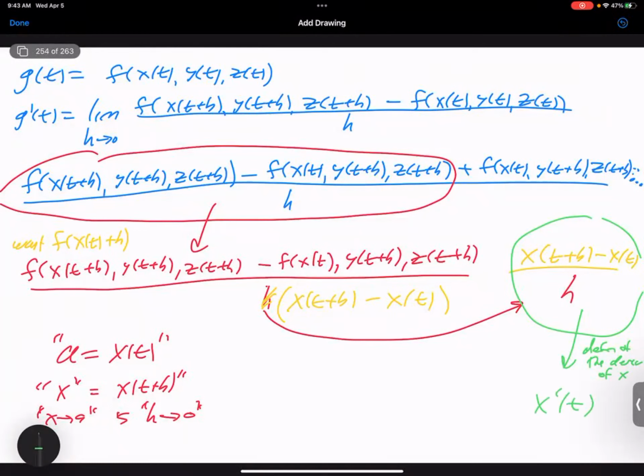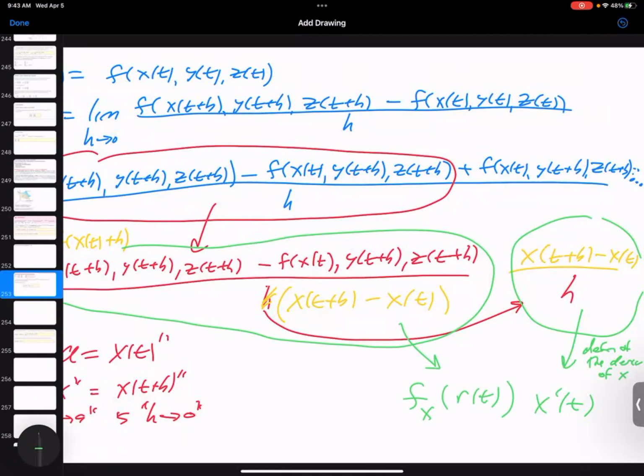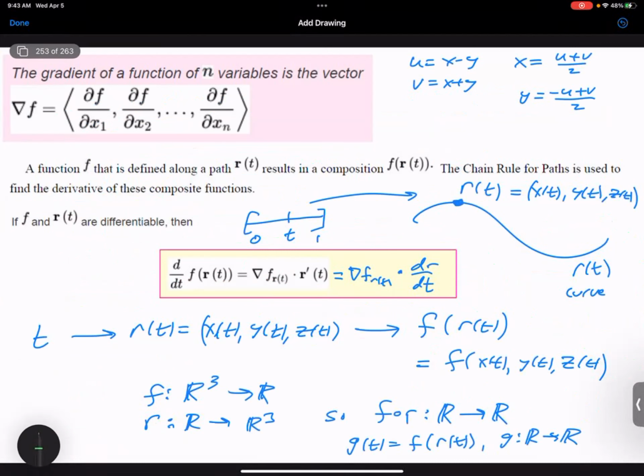And over here, this is going to just go to the derivative of f with respect to x at our point r of t. And so if you look at what's going on, it's supposed to be the gradient of f dotted with dr dt.